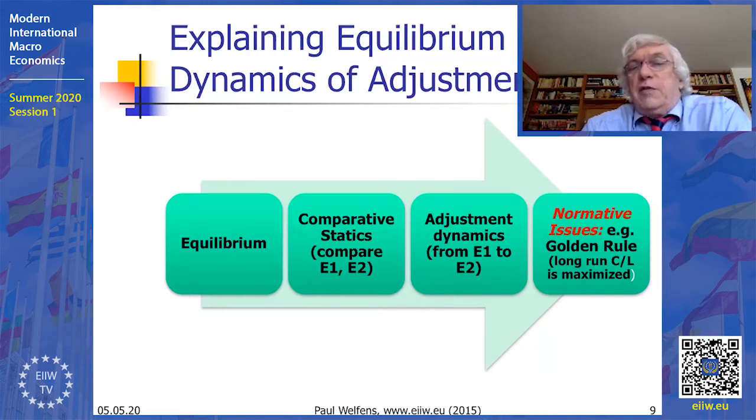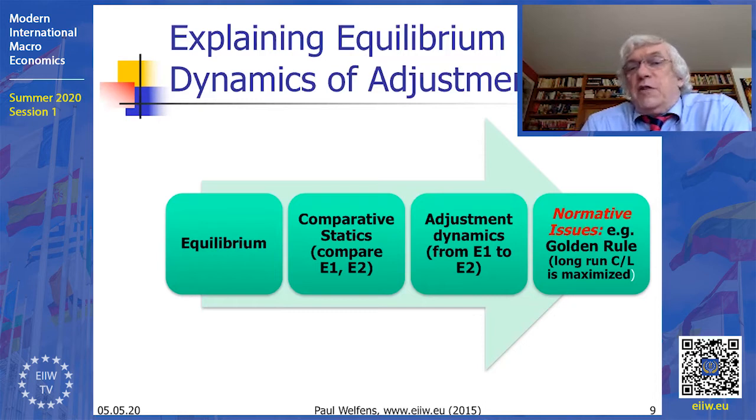Maybe we are able to say a little bit about the adjustment dynamics. So how do we get from E1 to E2? Is there, for instance, maybe some overshooting in foreign exchange markets, or is this just a smooth adjustment process in financial markets, in goods markets, in labor markets, and so on?